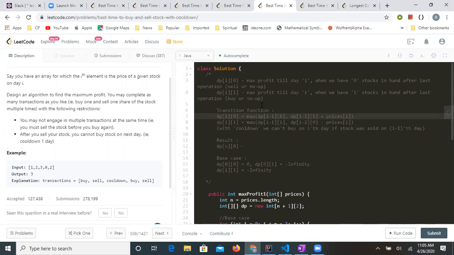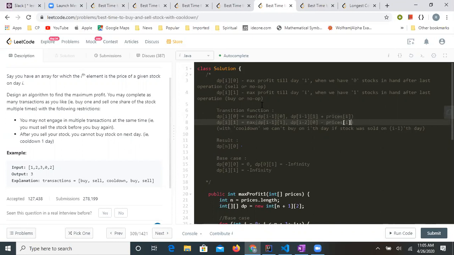There is no restriction in this case. I had a stock in hand, so that doesn't mean I'm engaging in any cooldown; cooldown doesn't affect me in that particular case.